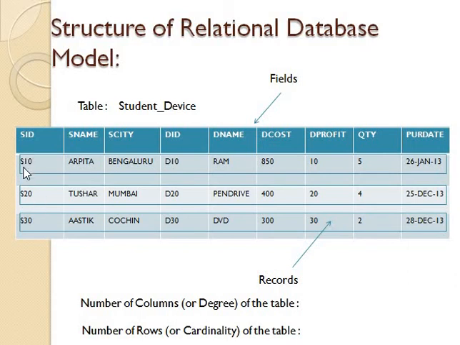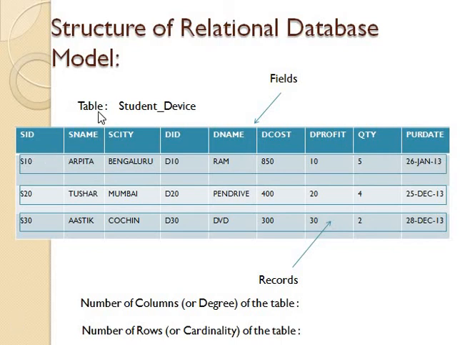Now again, consider this row, which is in the shape of a rectangular box holding the data items S10, Arpita, Bangalore, D10, RAM, 850 till 26 Jan 13. This row is termed a record in the implementation model, and the same is termed a tuple in the theoretical model.